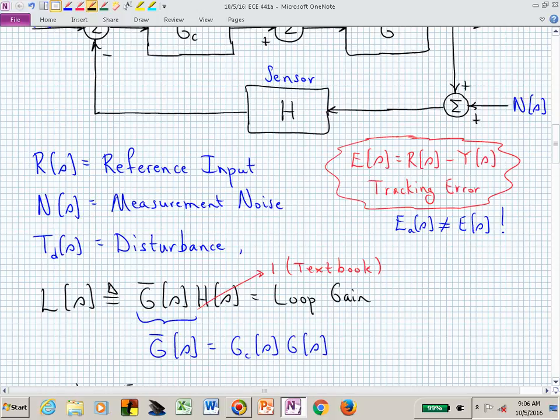That says our loop gain is this product, this cascade combination of our controller and our plant. So L is just an abbreviated form of G sub C and G, the product.